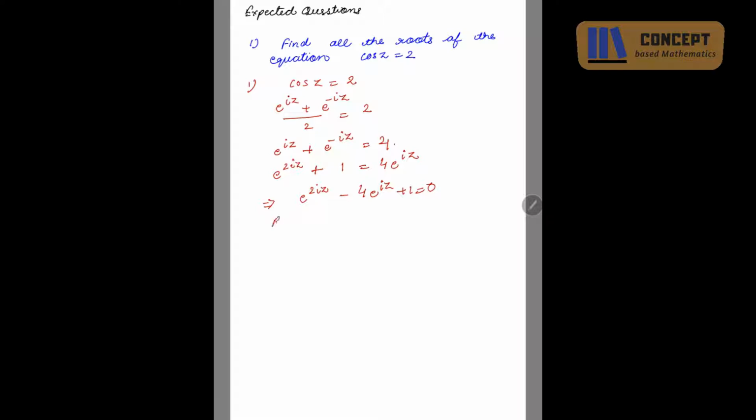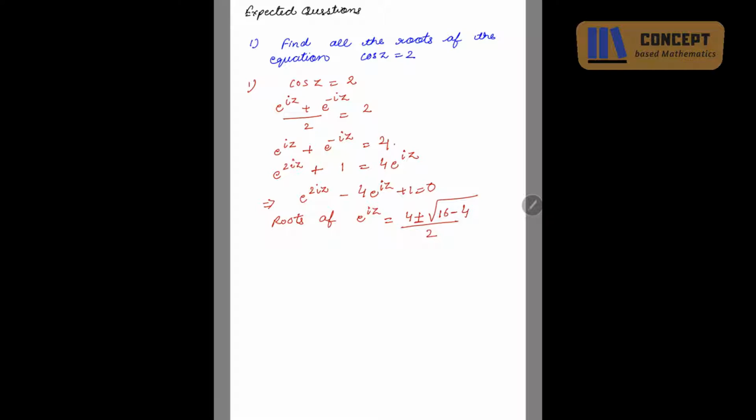So the roots of e raised to the power iota z is equal to minus b plus minus under root b square minus 4ac over 2a, where a is 1, b is minus 4, and c is 1.